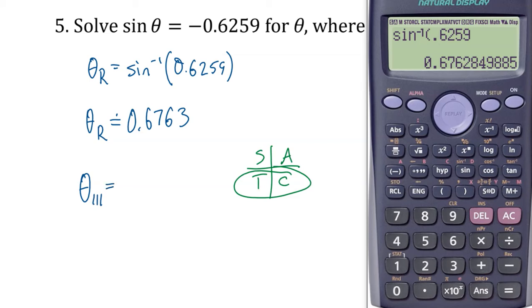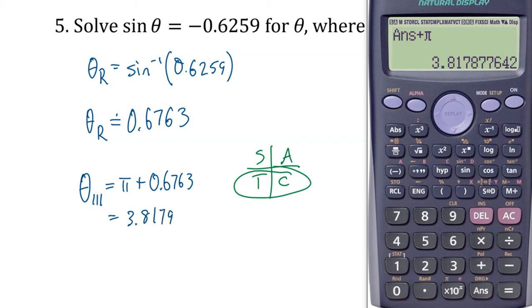Theta in quadrant 3 is pi plus theta related. So I'm going to go plus pi, and I got 3.8179. And theta in quadrant 4.